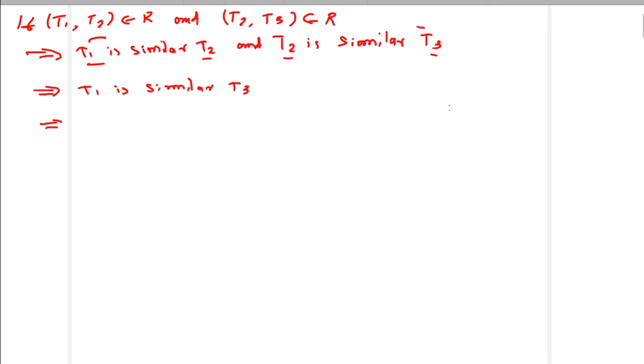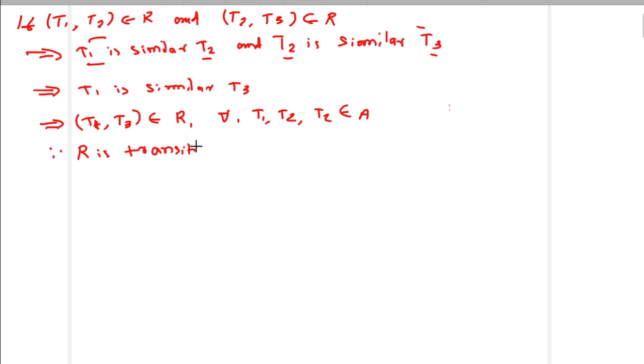This implies T1, T3 belongs to R for all T1, T2, T3 belonging to A. Therefore, R is a transitive relation.